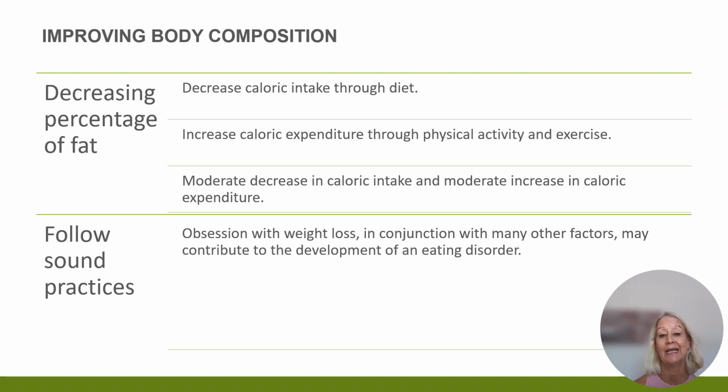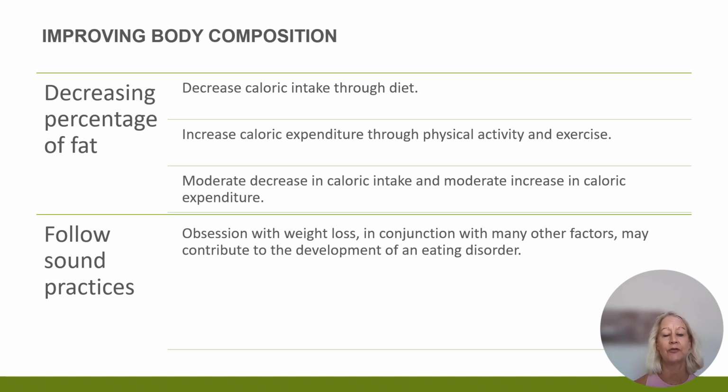This means eating fewer processed foods and added sugars and focusing on balanced meals with lean proteins, whole grains, fruits, and vegetables. And another is increasing caloric expenditure by being more physically active. This could include adding regular exercise like cardio, strength training, and even increasing daily movement like walking or taking the stairs.